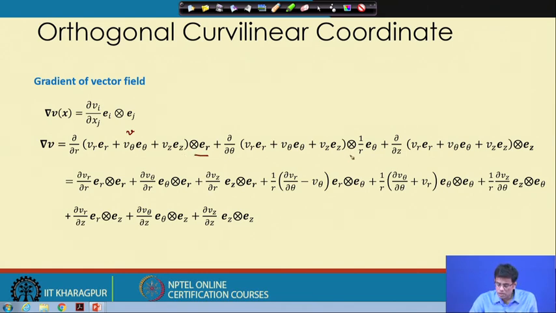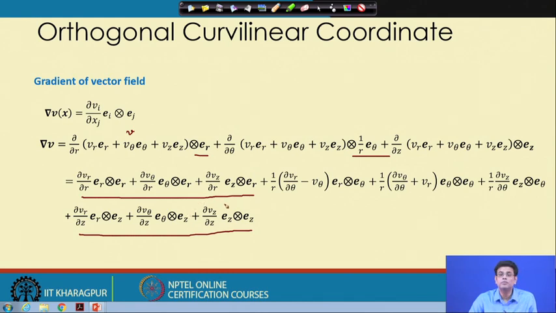If you do some manipulation, you come up with this formula. This is a long formula. You can just try it and use the derivatives of the basis vectors with respect to the coordinate variables to come up with this formula.